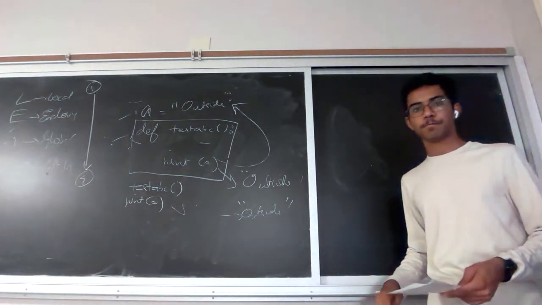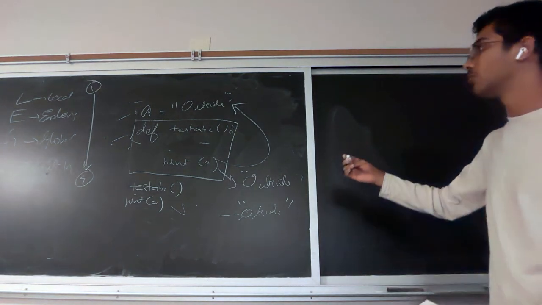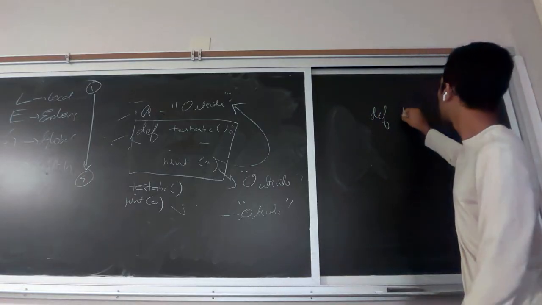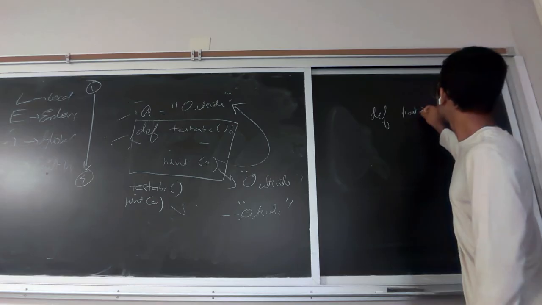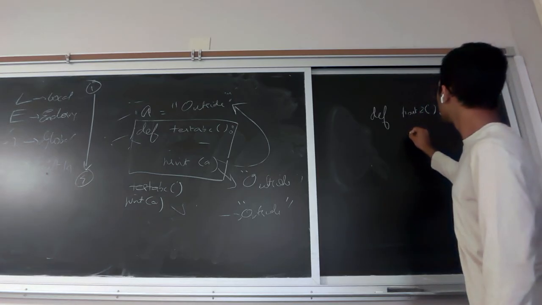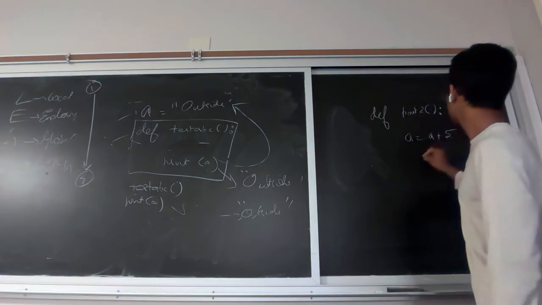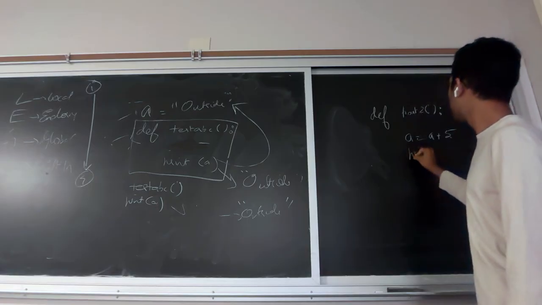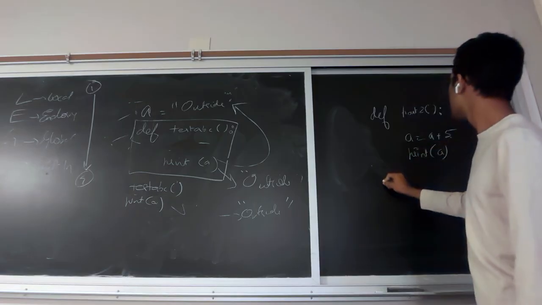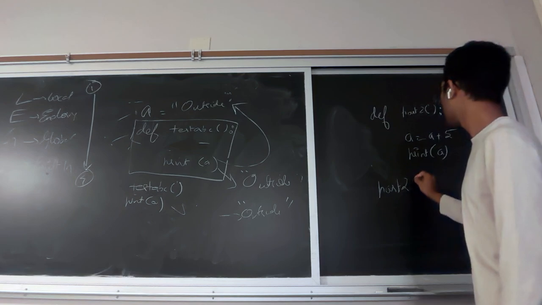But let's say that I want to change the value of A. So let me create a function def part2 and say A is equal to A plus 5 and print A, and I call that function here.